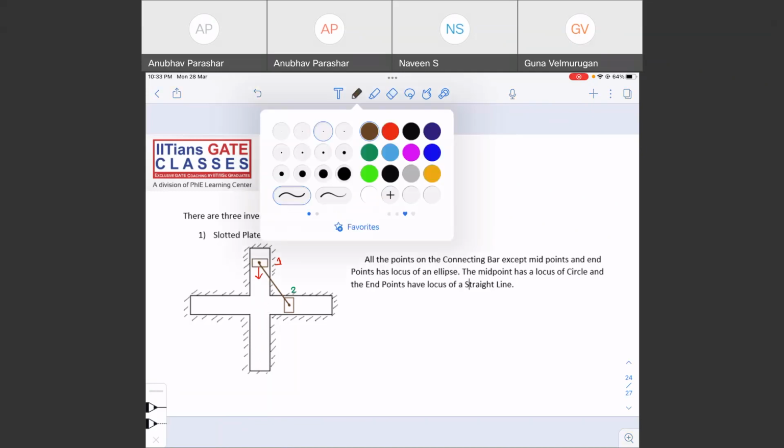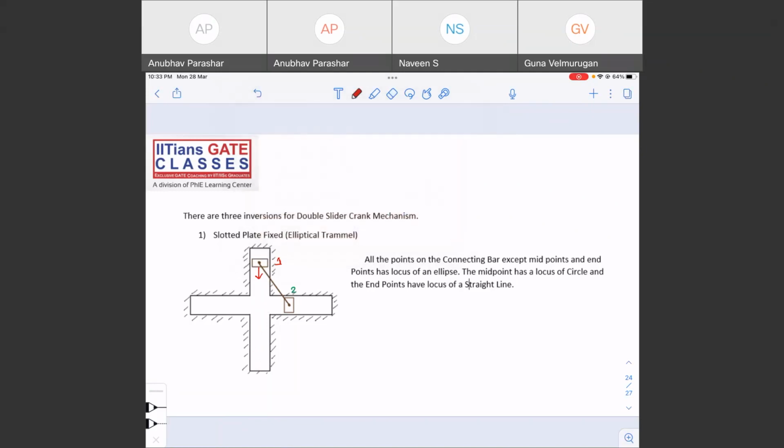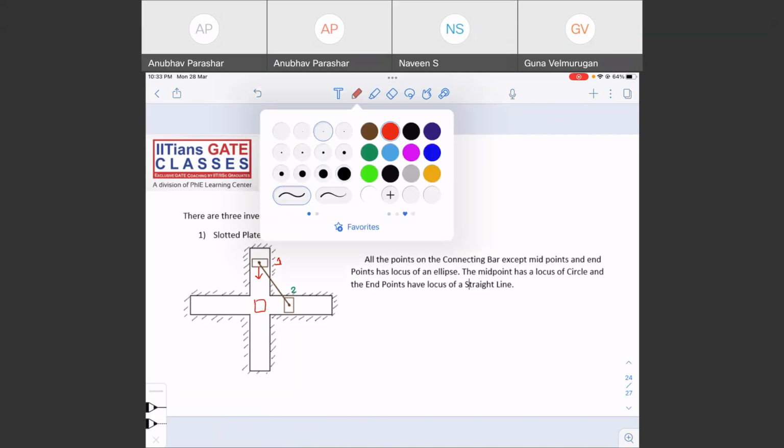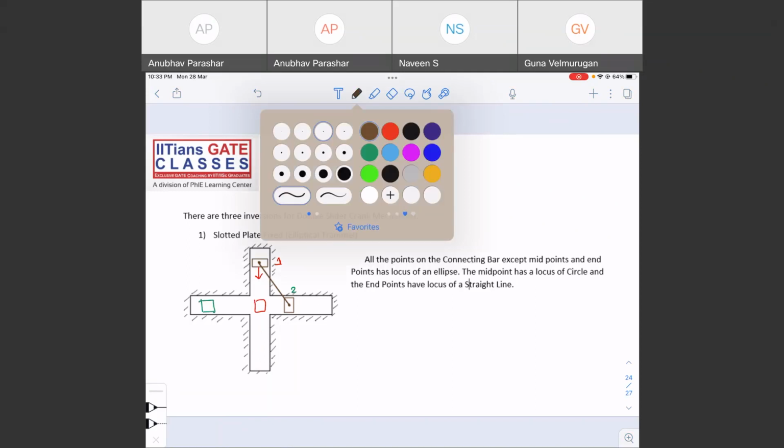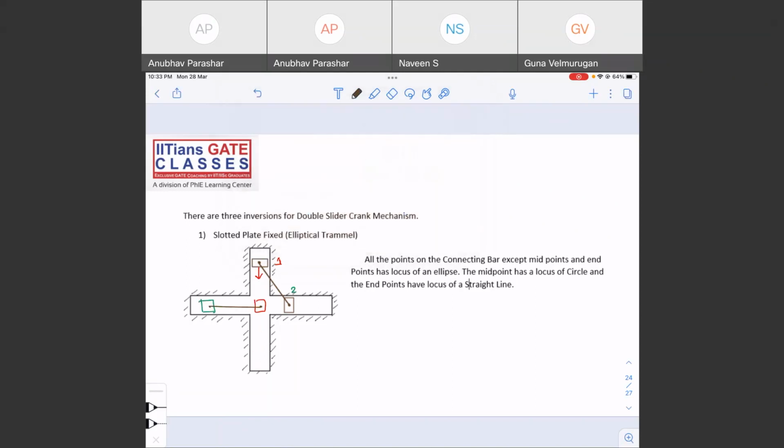Again 1 will reach back here, and 2 will be this time on the other side of the slotted bar, and this will keep on happening, right? So 1 will keep on moving in the vertical plane, and 2 will keep on moving in the horizontal plane.